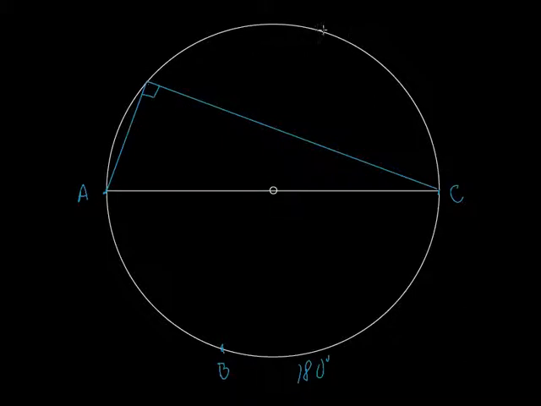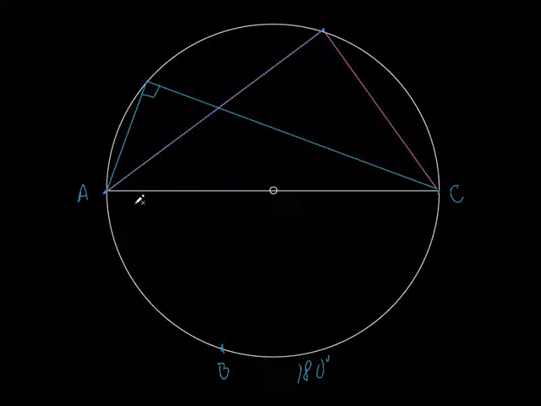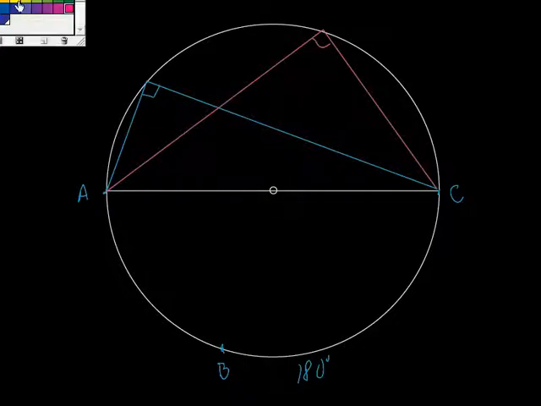I could start here, and go to C, and then take this and go to A. Just by doing that, without ever measuring anything, what is my angle up here? This has got to be a 90-degree angle, isn't it? Everybody see that? And of course, these two have to be equal to each other because they cut off the same arc. So that's kind of cool, isn't it? You can do this all day long and still get a bunch of 90-degree angles.